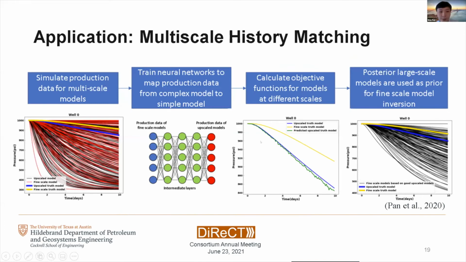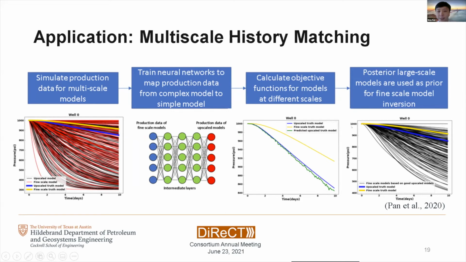As for application, we have used this multi-scale reservoir modeling approach to parameterize our reservoir models, using it as a model reduction approach to perform multi-scale history matching projects. I will not go into much detail of how we perform this multi-scale history matching due to the limit of time.